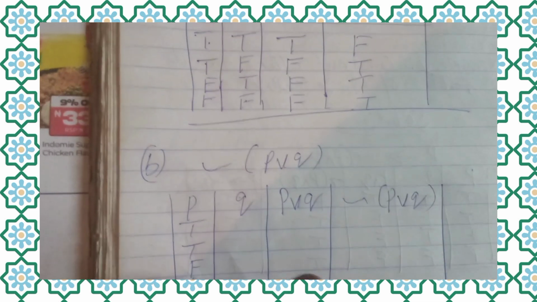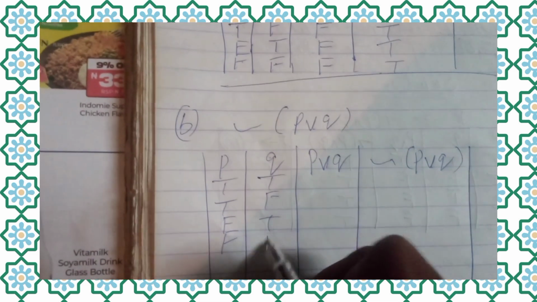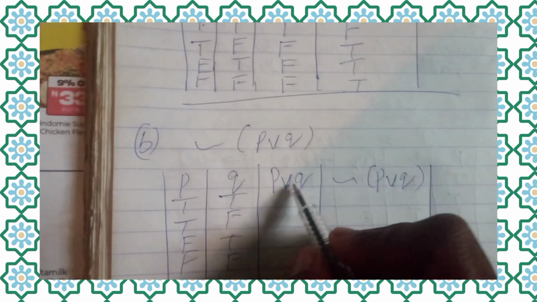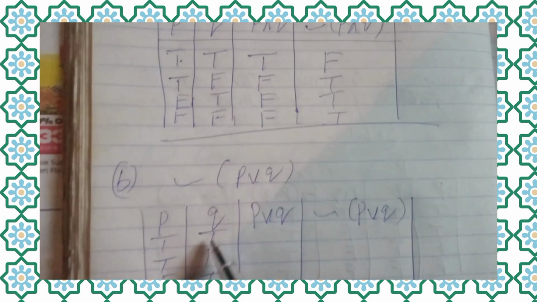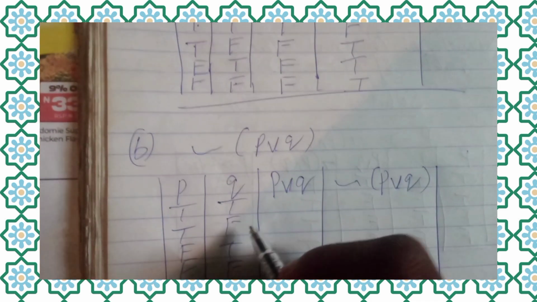Now, because this is two components, we start with truth, truth, false, false. And here we start the second column with truth, false, truth, false. This P or Q is telling us that if P or Q is true, then it will be true. If you have any truth in either column, it will be true.